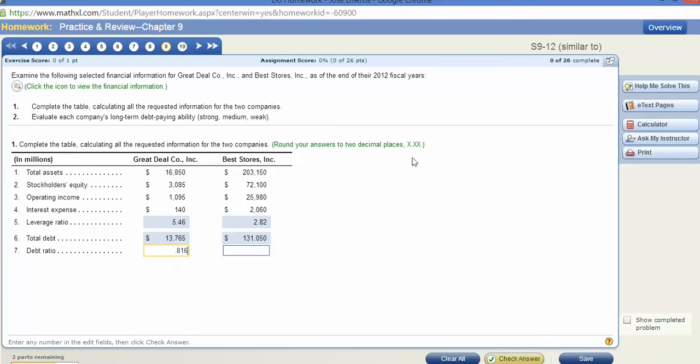We're going to round to the nearest 2 digits, so we'll bump that up to 0.82. And now we're back into 2 decimal points. Same way here, we've got total debt of 131,050, and we're going to divide it by total assets of 203,150.